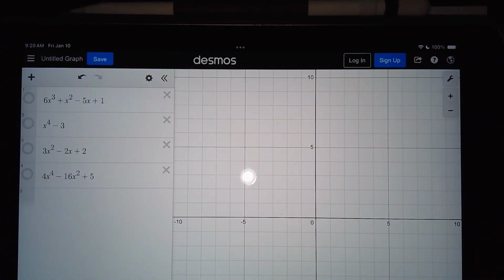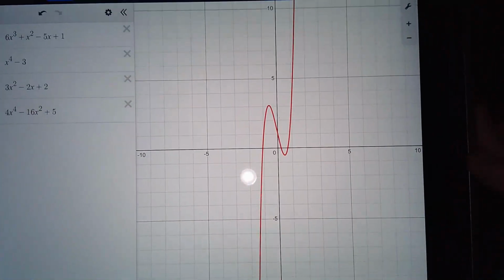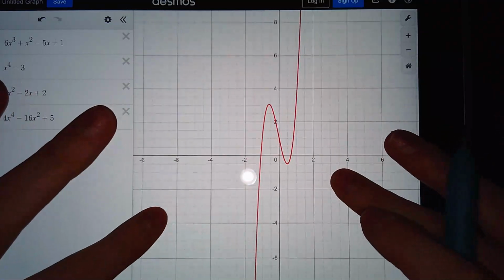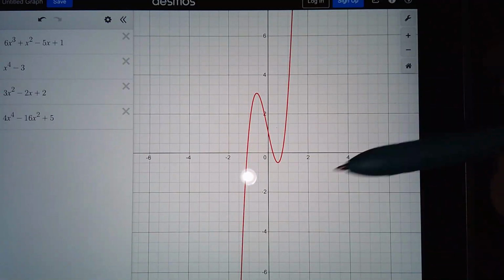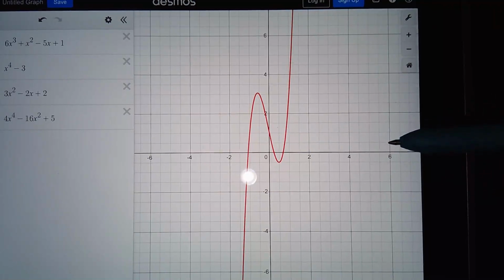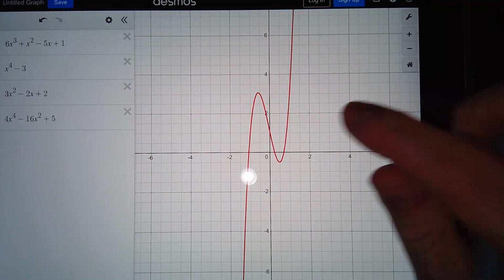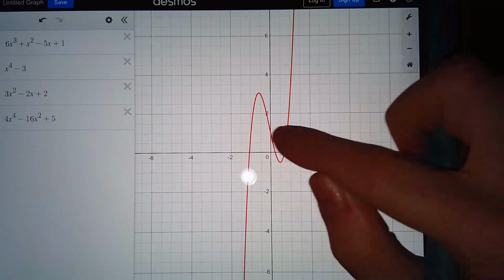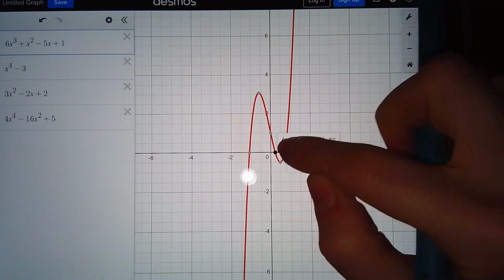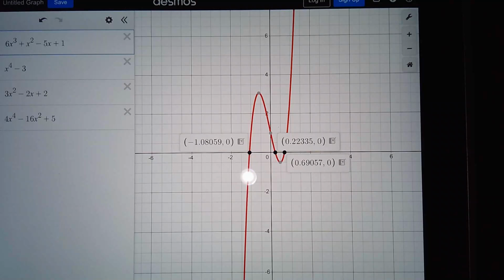So you can see I have all of these equations already typed in. Taking a look at this, again, we're paying attention to where this graph crosses the x-axis. And I can see here that it would cross at 3 points, right? I can click on those and we could actually find those numbers. Today, though, we aren't even concerned about those numbers.